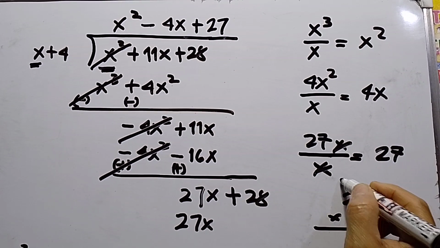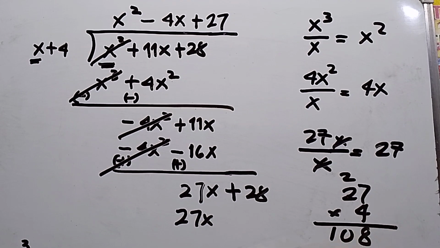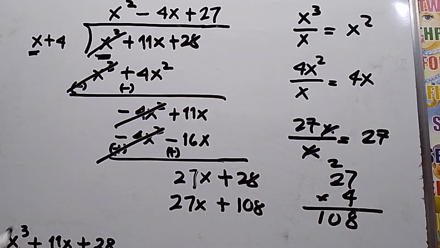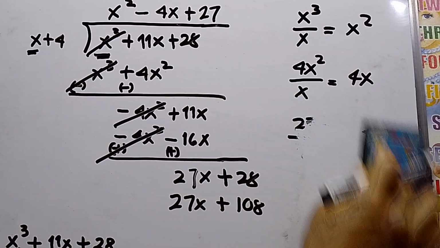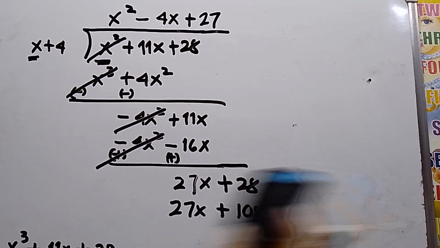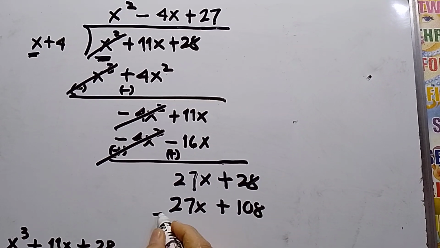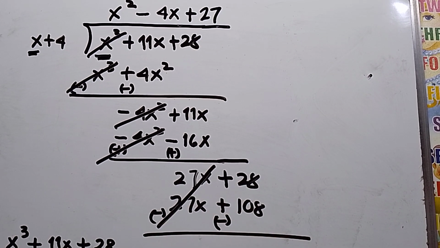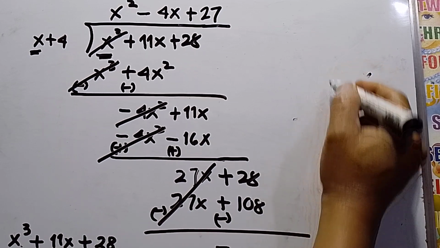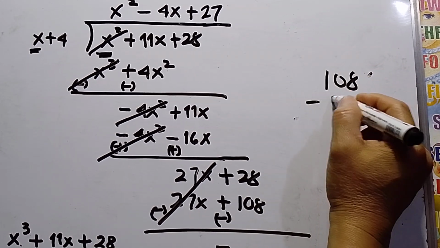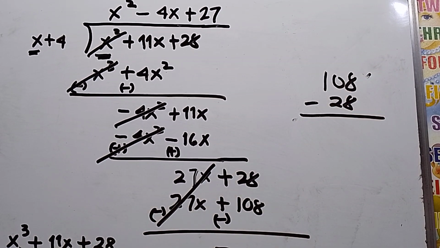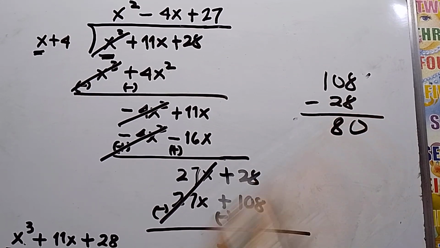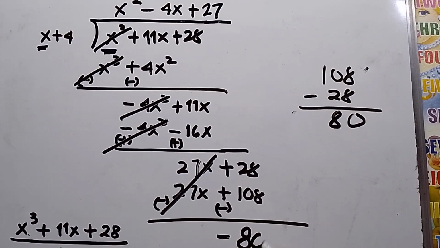This is 28 carry 2. 8 and 108. So this will be plus 108. Then we need to subtract. We need to change the sign. So this will be crossed out. So 108 take away 28. So this will be 0. And then this will be 80. So the remainder is 80.